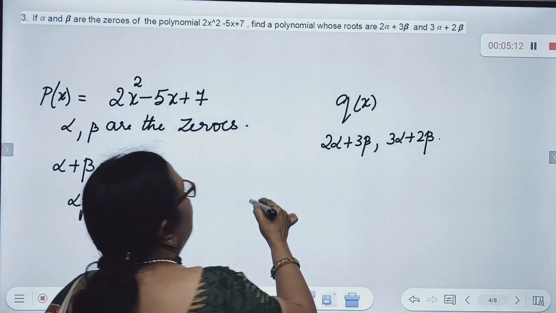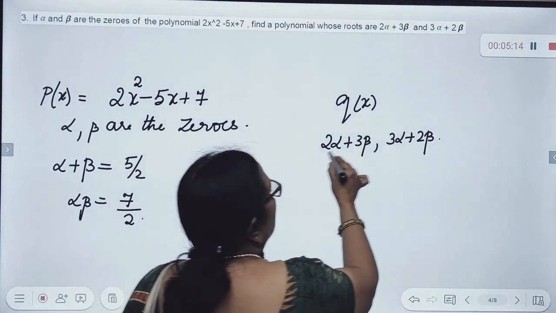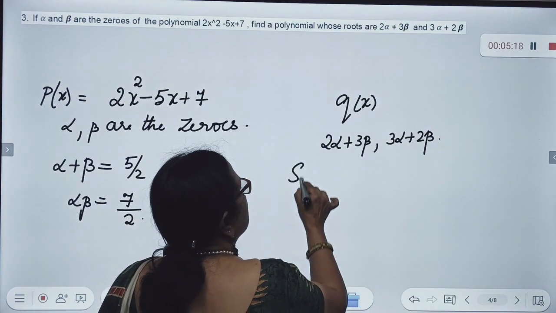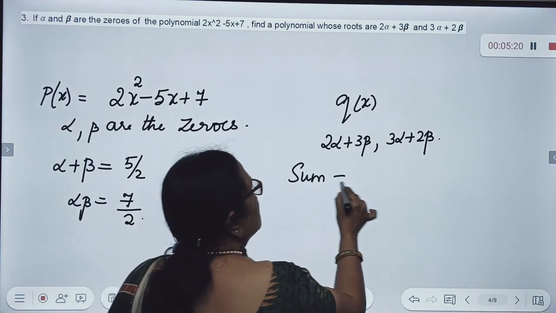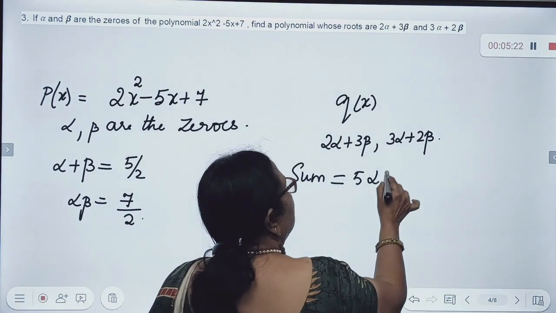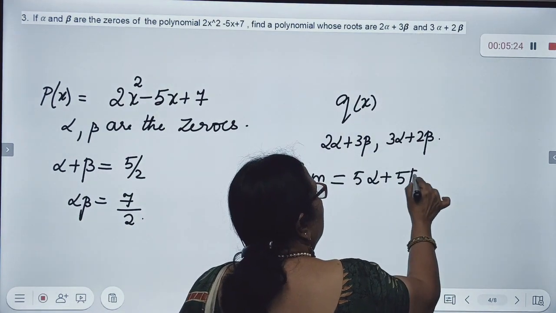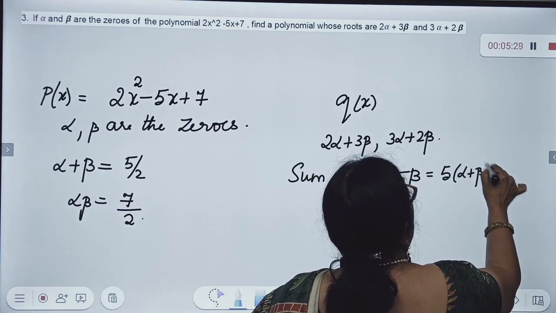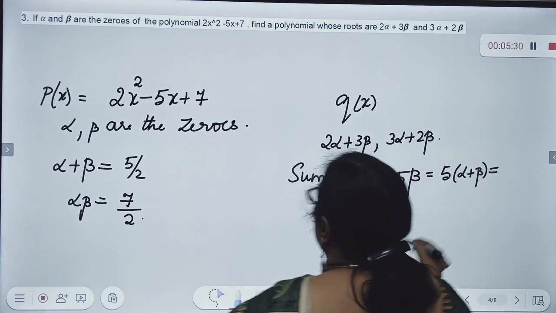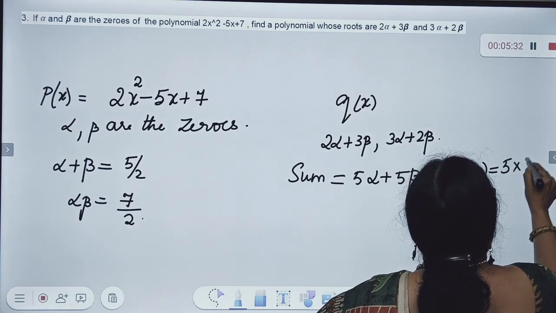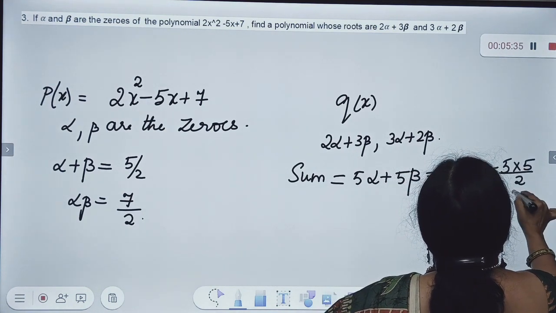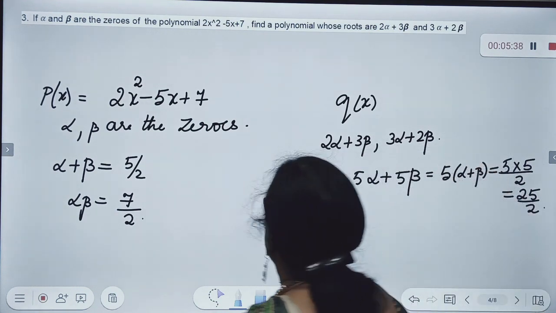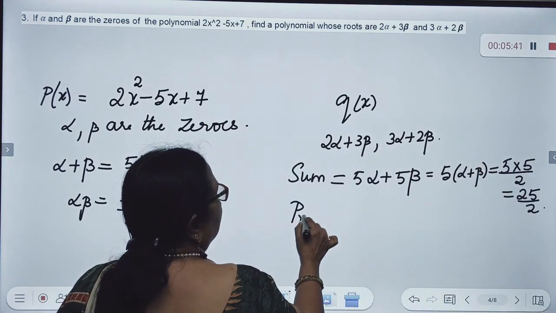We want to find a polynomial whose roots are 2 alpha plus 3 beta and 3 alpha plus 2 beta. So first let us find the sum. The sum will be 5 alpha plus 5 beta, which is 5 into alpha plus beta, which is equal to 5 into 5 by 2. Now what will be the product of the roots?